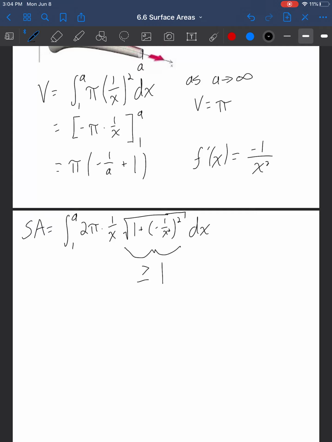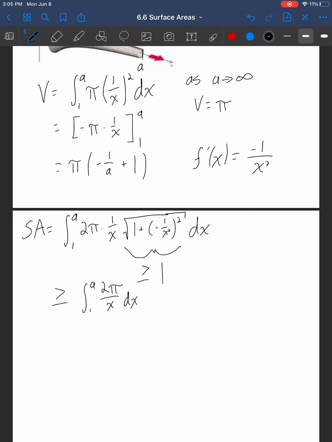So if I take an integral and I take out part of it that's greater than or equal to 1, I'm going to get a smaller integral, right? So this surface area is going to be greater than or equal to something we can take the integral of. The integral from 1 to a of 2 pi over x dx.